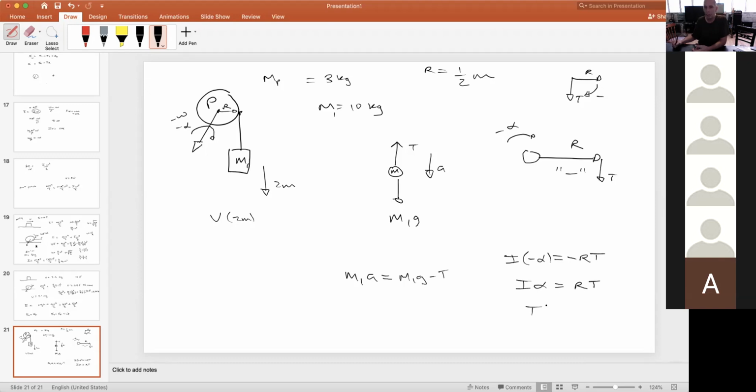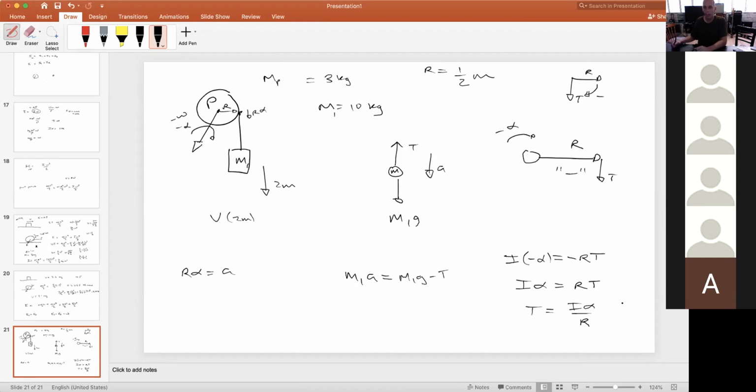Solve this for T, and we get I alpha over R. But remember, R alpha is A. Now why? Because at the edge, the tangential acceleration of this pulley is equal to R alpha.